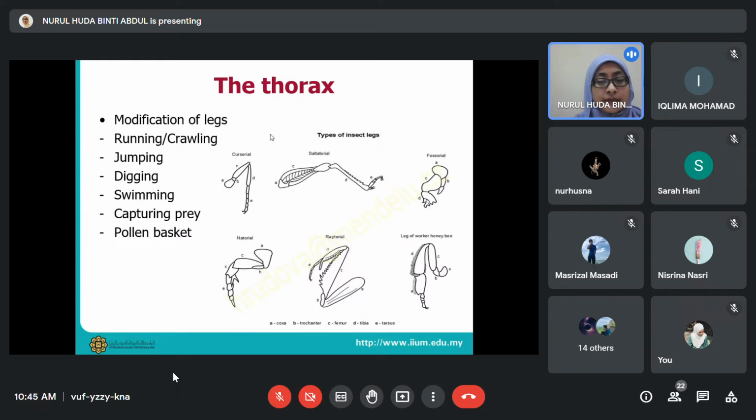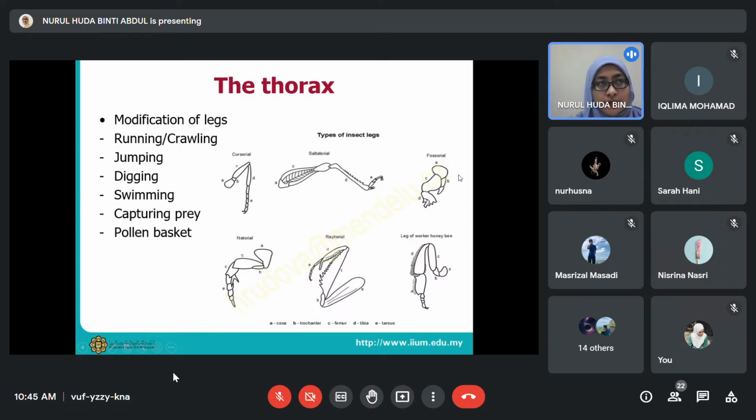Another insect has saltatorial legs, which are for jumping. You can see this type of leg on a grasshopper. Kaki belakang grasshopper functions for jumping. Kalau kamu tengok, kaki dia memang jenis macam ni, saltatorial. And then we have fossorial legs for digging.